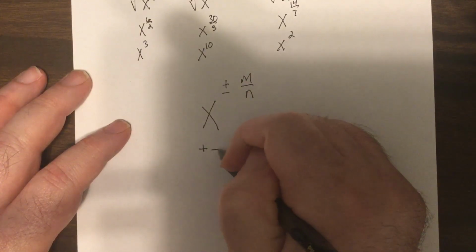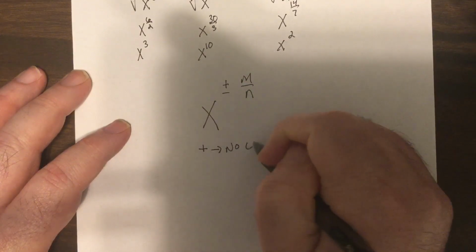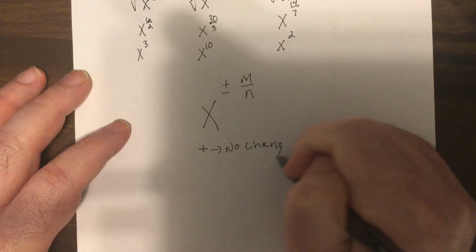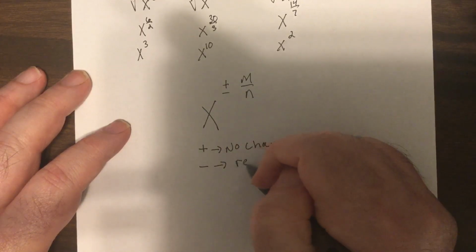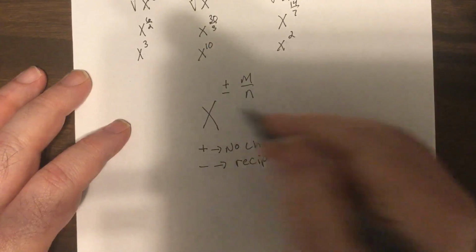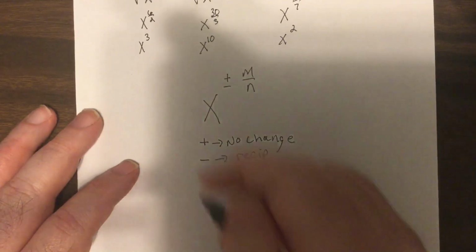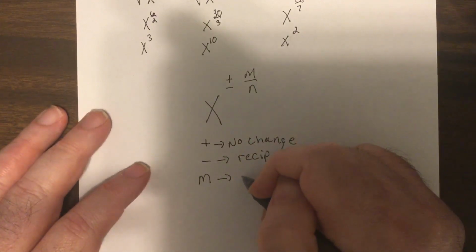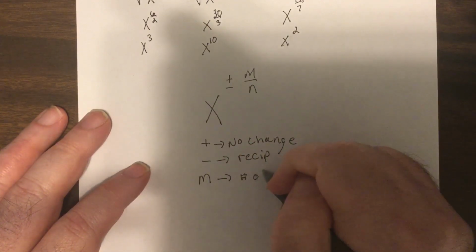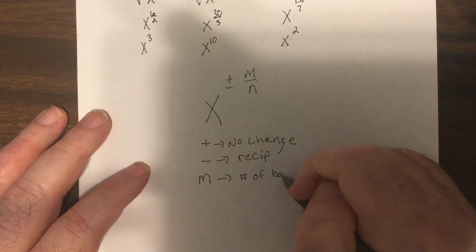That's one part. Plus means no change. A minus means take the reciprocal. If you remember, we did that a while ago. The m is what we normally think of as a power. That's the number of bases to multiply together.